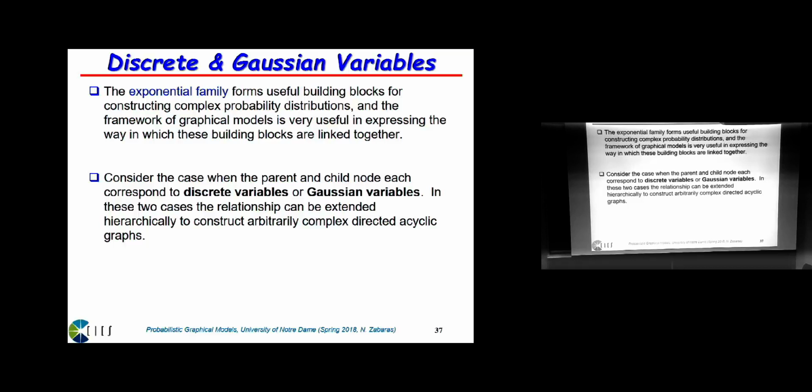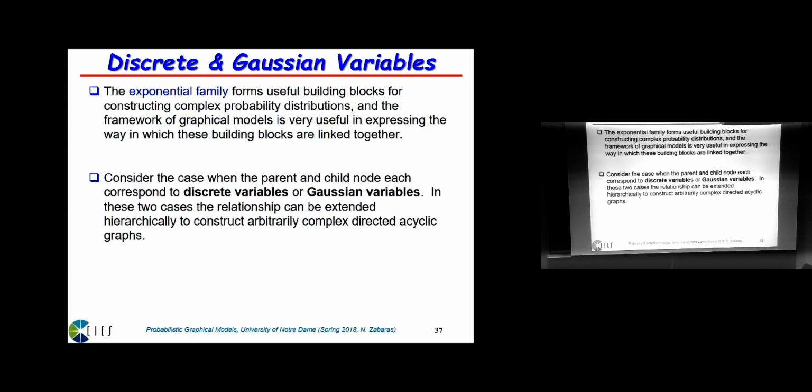For those who don't know what an exponential family of distributions is, you may want to look at my slides from the course in the previous semester. There's a nice table that tells you which distributions fit in that category and why things are nice when we work with them.